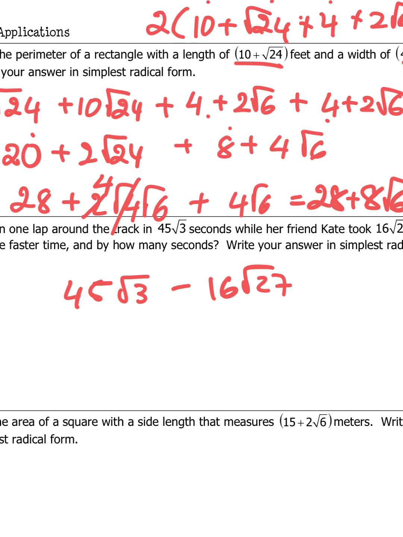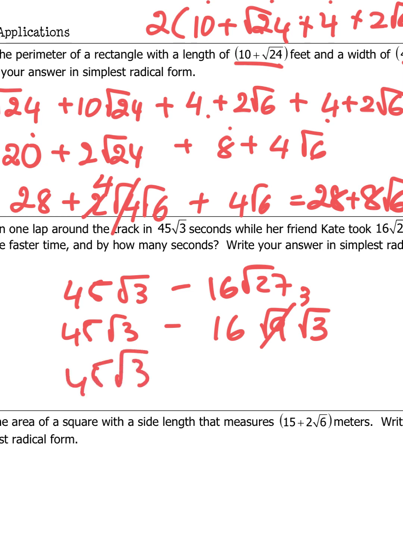Okay, so I know that 27 will be broken down to square root 9 and square root 3. Okay, and this will become 3, right? So 16 times 3 will be what? Will be 48, right? So 45.